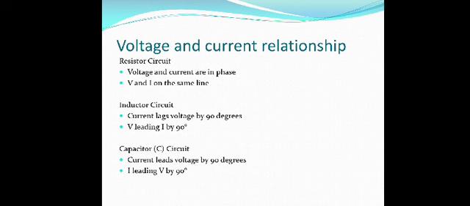So we draw the phasor diagram taking voltage as reference and current lagging by 90 degrees. Whereas in a capacitor circuit, current leads voltage by 90 degrees. That means in the phasor diagram, if we take voltage as reference, then the current phasor is drawn leading by 90 degrees with reference to voltage.